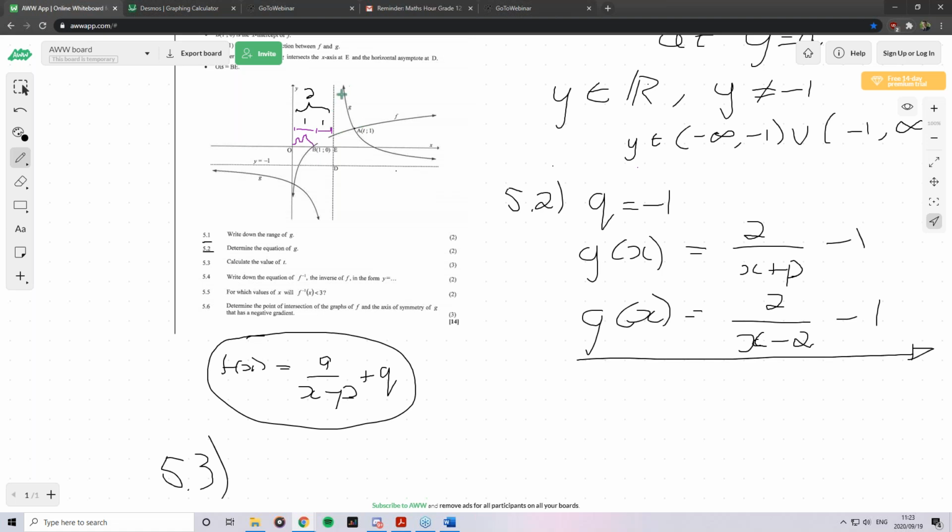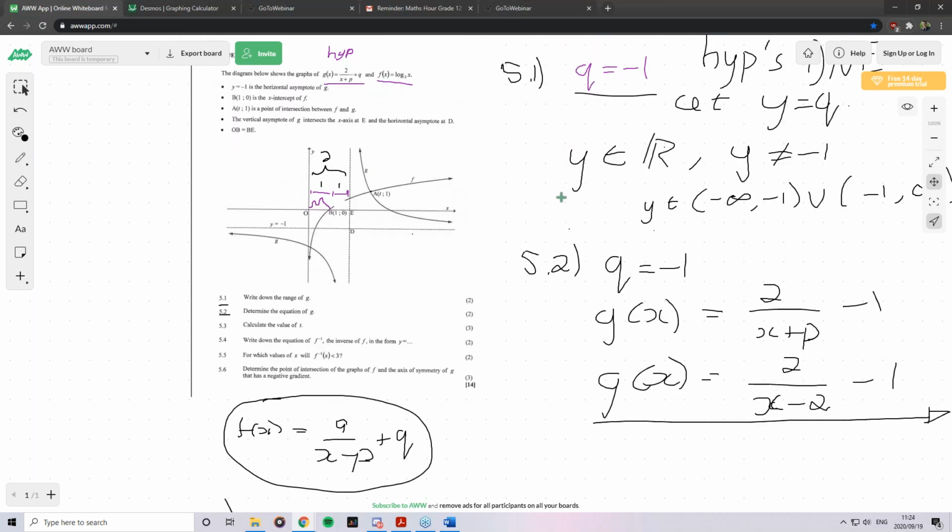So we have the graph of g cuts the point y is 1 at x is t, and so does f. So we can either use g(x) or f(x). My advice to you is, since we solved for p and q in 5.2, it's safer to use log base 3 x, because if this equation is wrong, our answer for t will be incorrect.